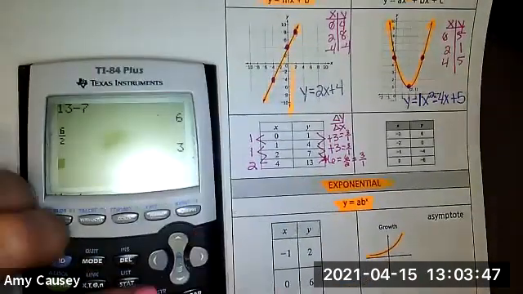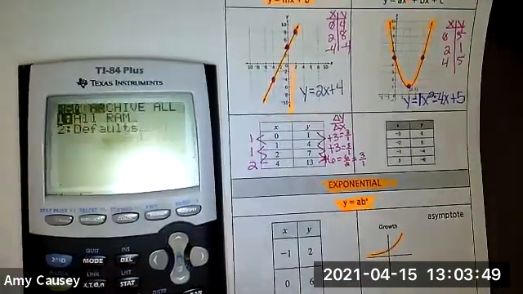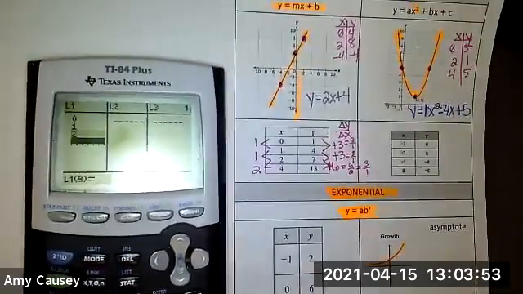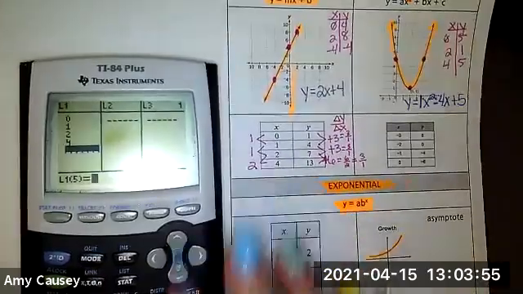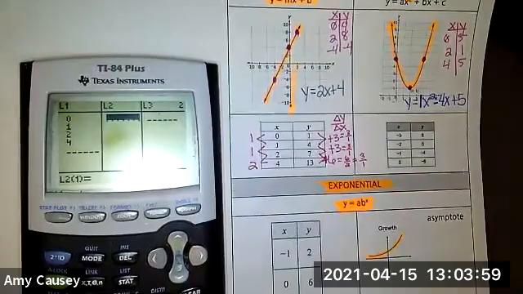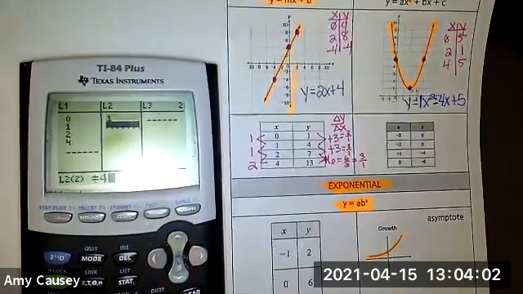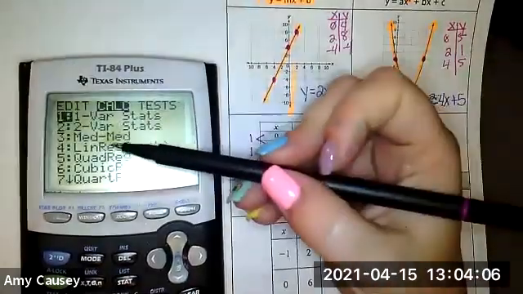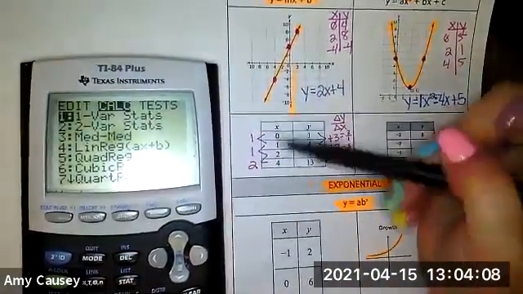That way, when I go to put my table in, 0, 1, 2, and 4, and 1, 4, 7, and 13. Now when I hit stat calc, I know to hit number 4 because I've proven that this is linear.